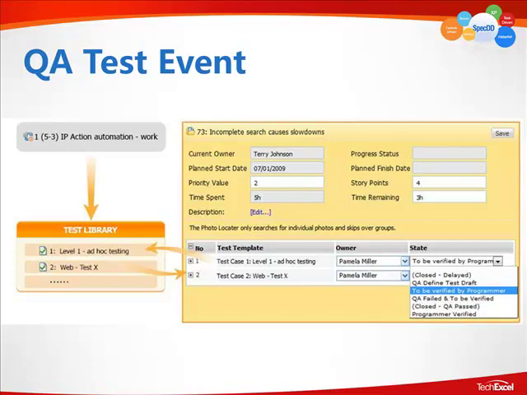It's linked to the test library. So we know that these test cases were derived from the same spec as this story was copied from. And this test event contains 2 testing templates. And you see the states and the owners of this testing event.